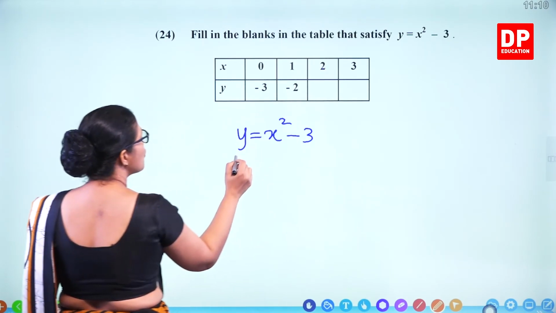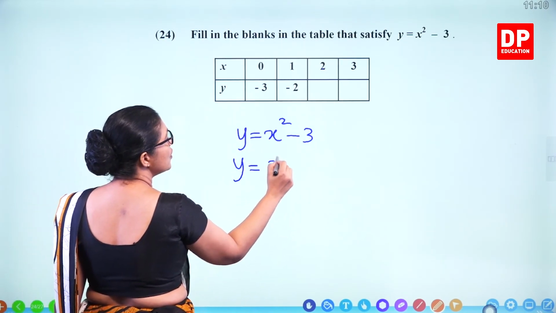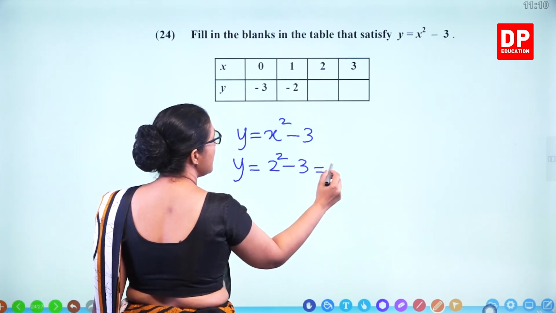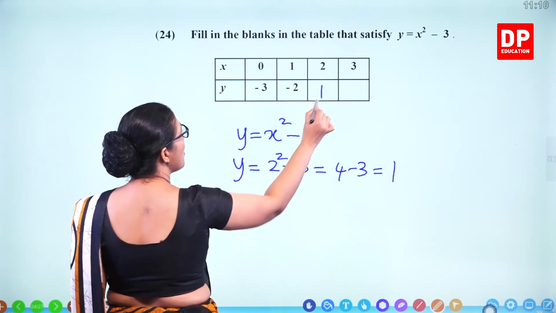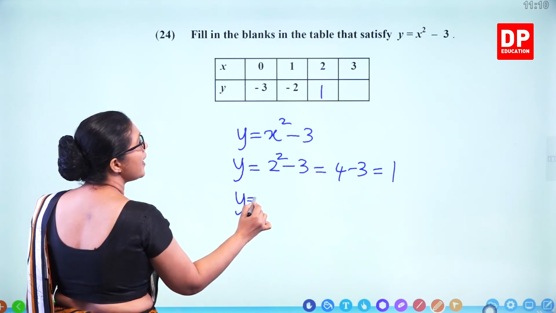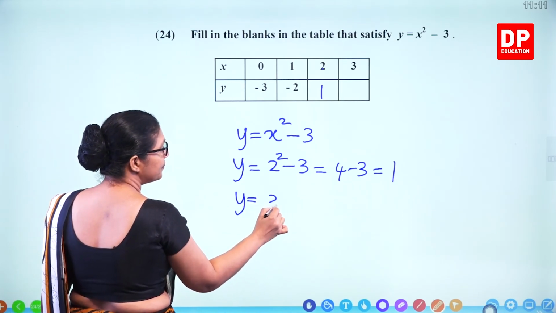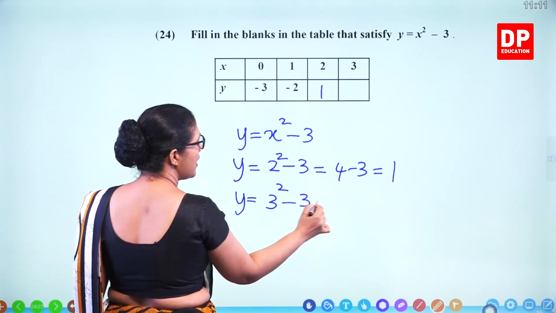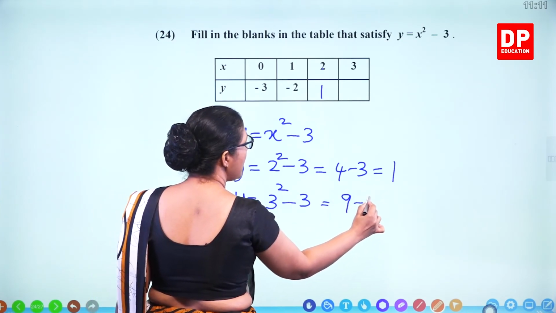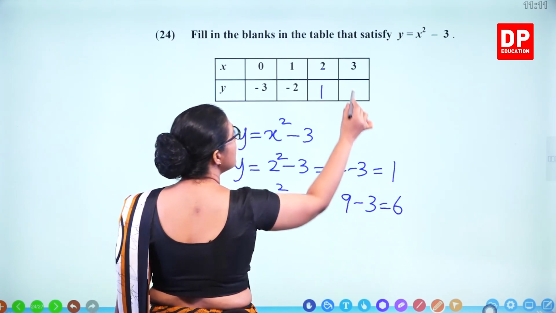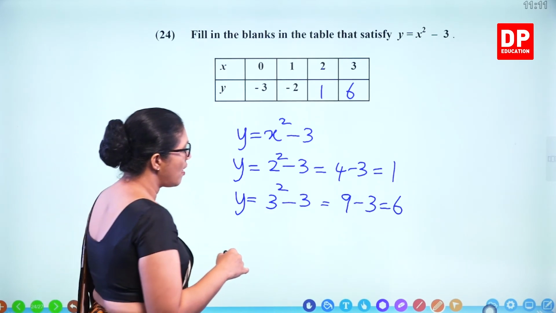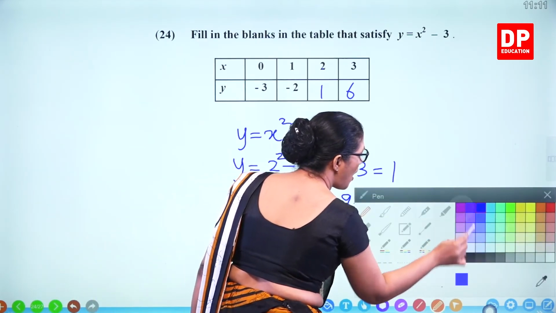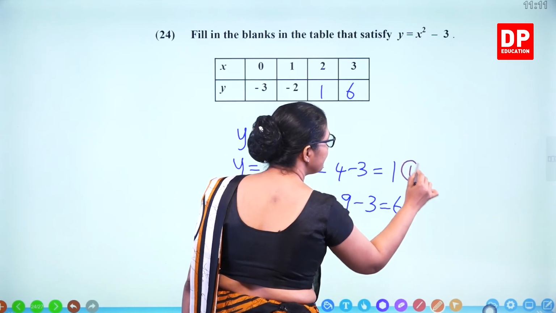When x equals 2, 2 squared minus 3, that's 4 minus 3, you get 1. When x equals 3, 3 squared is 9, 9 minus 3, you get 6. So those are the 2 answers. You get 1 mark each.